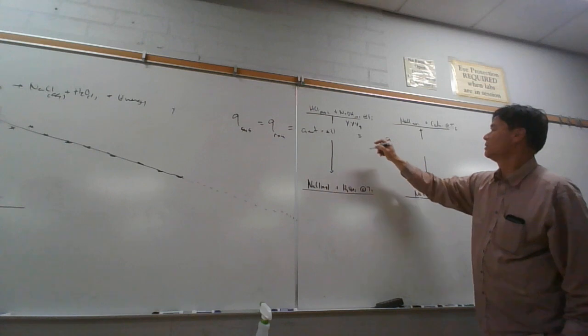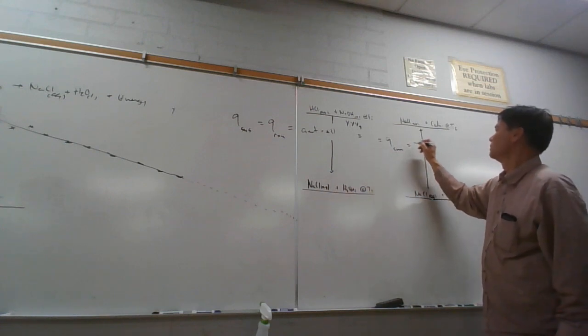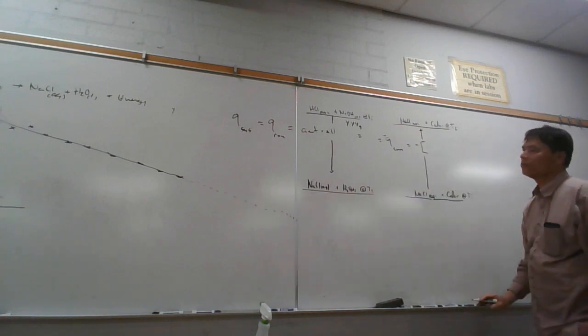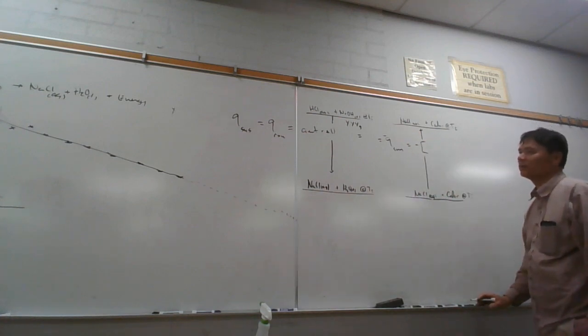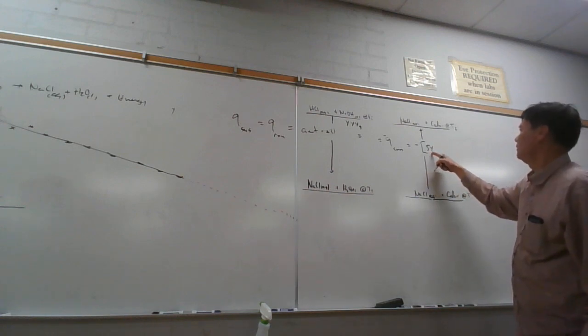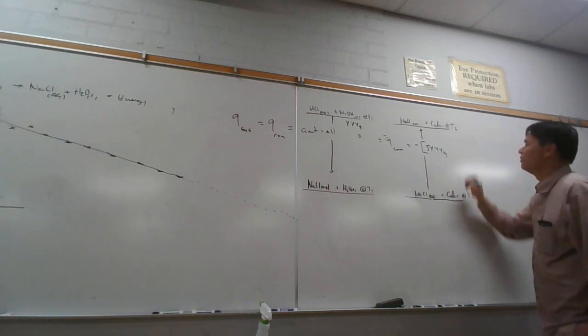So this is Q of the system is equal to minus Q of the surroundings, which is equal to minus, okay, the surroundings is going to consist of the salt water. How much salt water are we going to have? We're going to have 50y.yy grams of salt water.